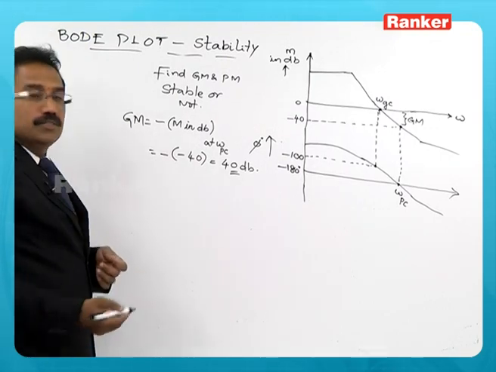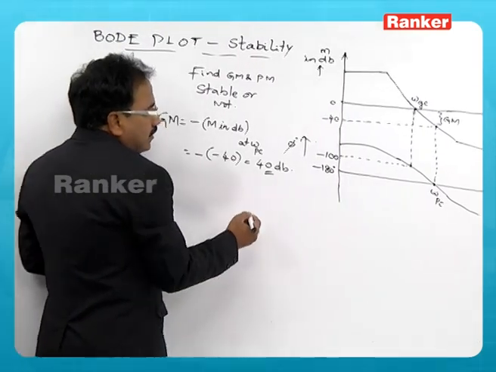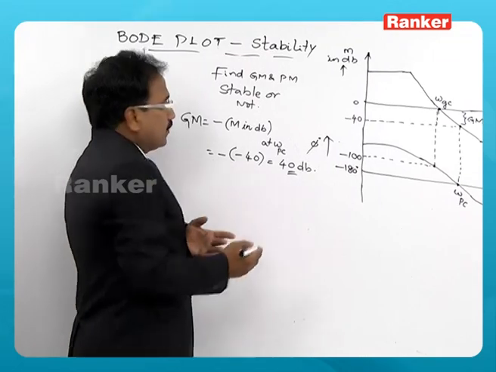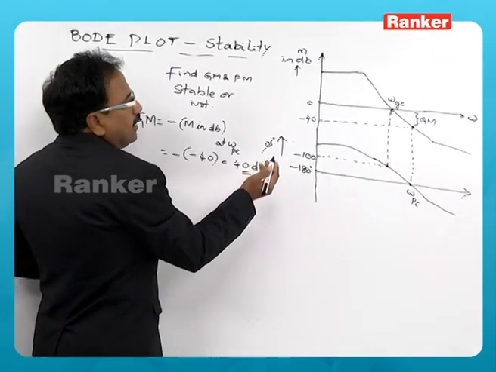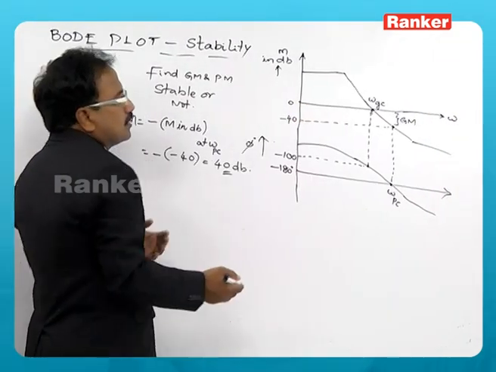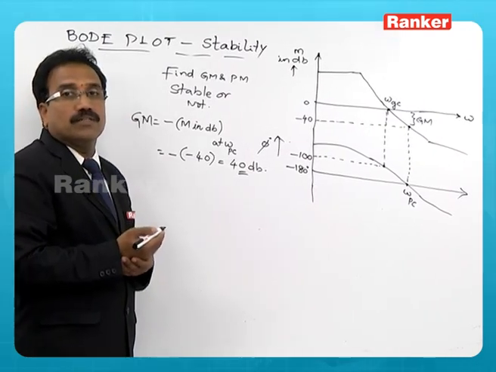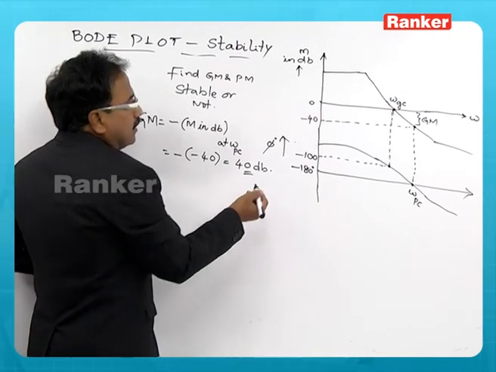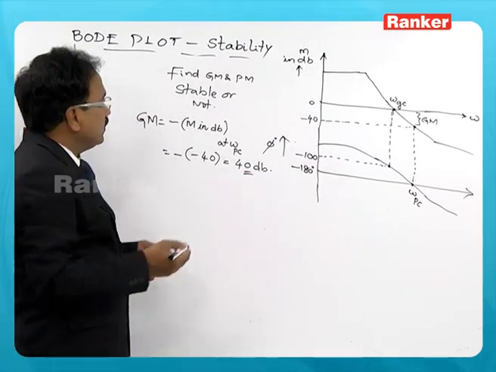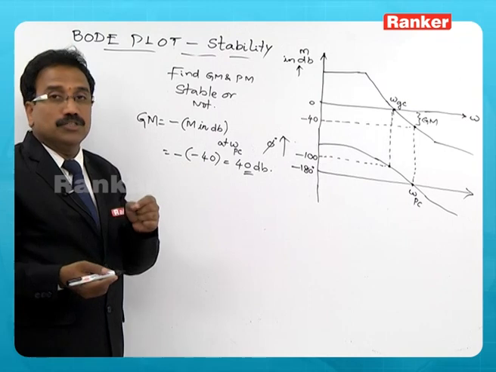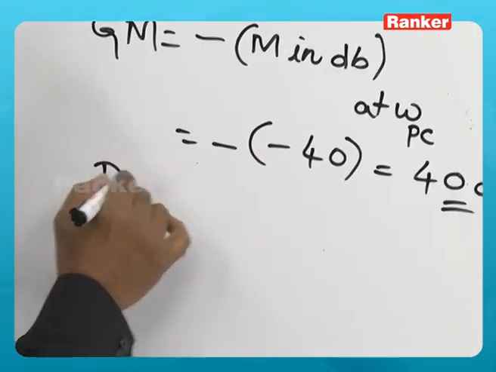So, the meaning of this is that there is still a margin of 40 dB. You can still add 40 dB to this system, so that the system goes to the verge of stability. In this present case, when I say that the system is stable in terms of the magnitude, what is the phase margin?